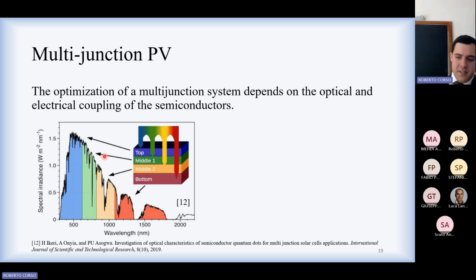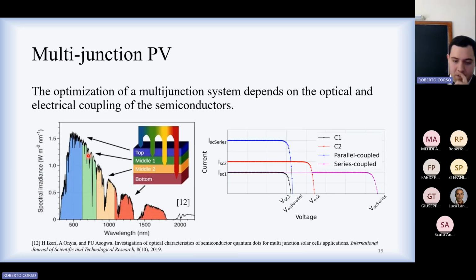So when designing these systems, on one hand, we have the optical coupling of the semiconductor. That is a suitable choice of band gap energy in order to split solar light efficiently. But then we also have the electrical coupling of these junctions. And this can be mainly done in two ways, in series or in parallel.